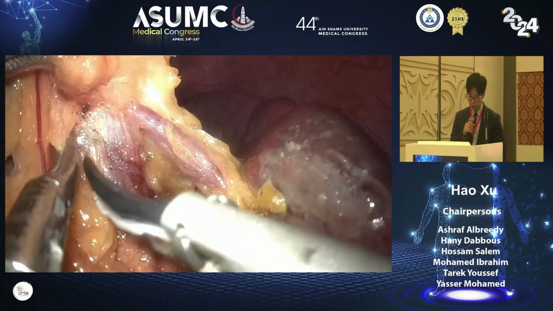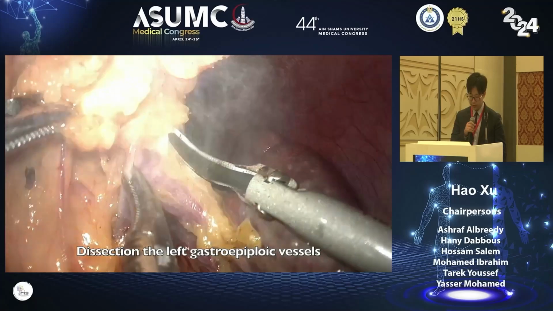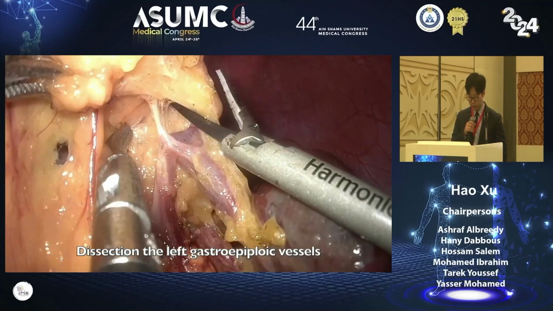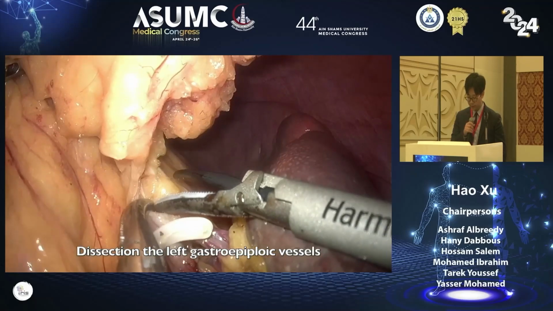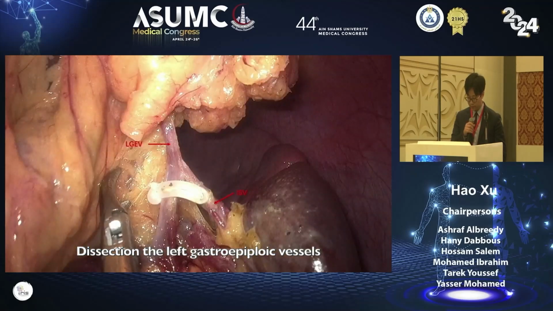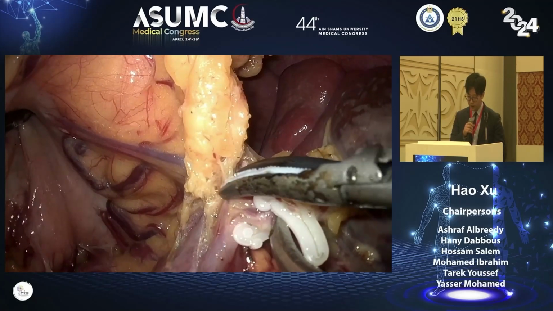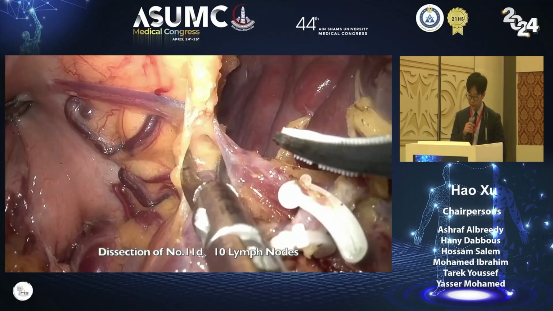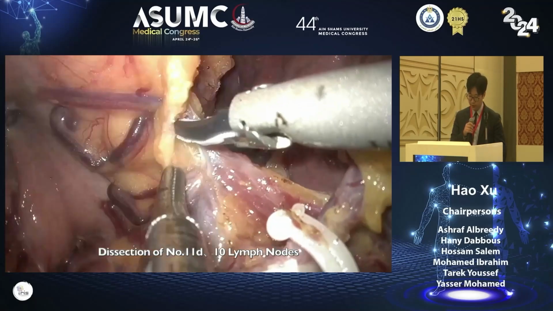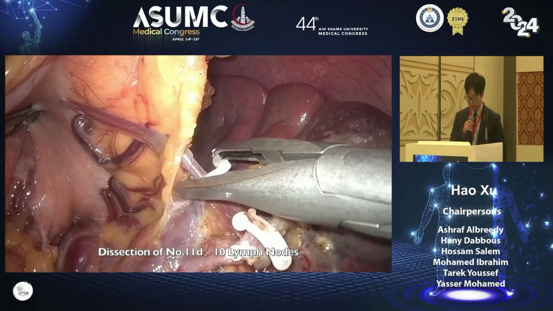Then we try to dissect the left gastroepiploic vessels. When we're doing this, we should preserve the ISV. Then we separate the tissues along the vessels of the hilum of the spleen to try to dissect the number 11D and number 10 lymph nodes.